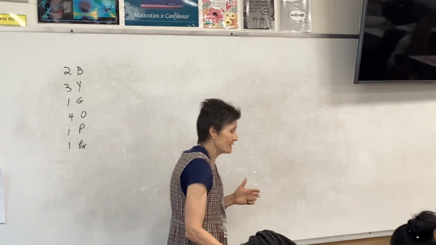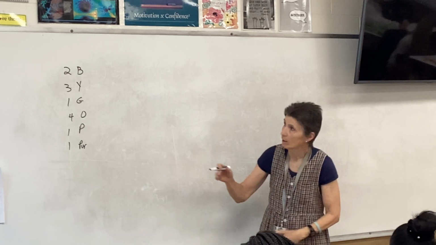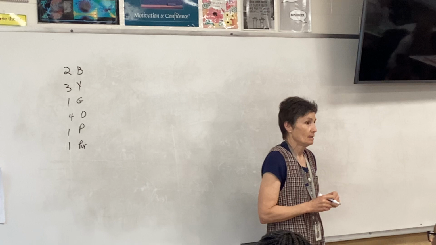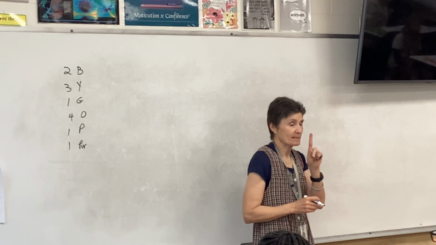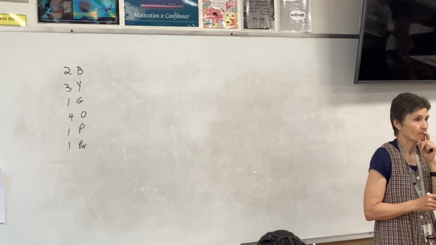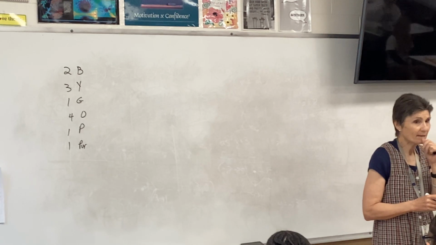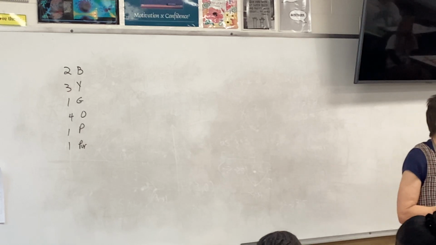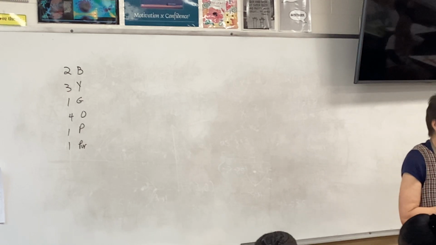Now, what does that mean? That means that all of the blue beads look exactly the same. So think about that for a second. Remember when we looked at the word Mississippi? Remember what we had to do with that? We had to divide out the duplicates.